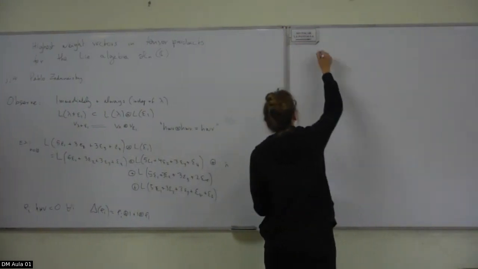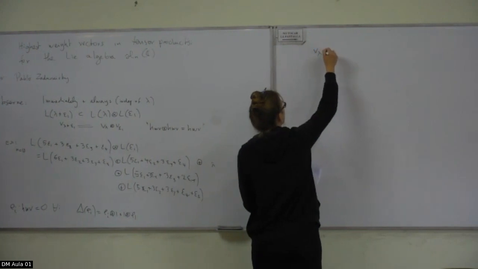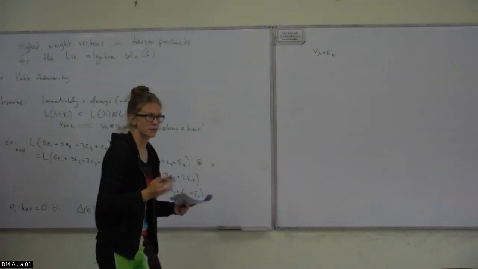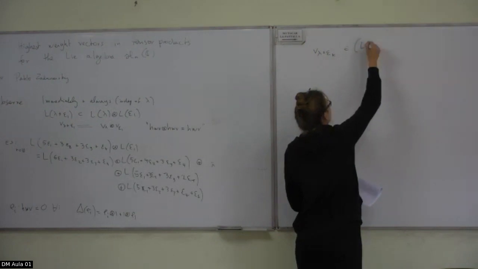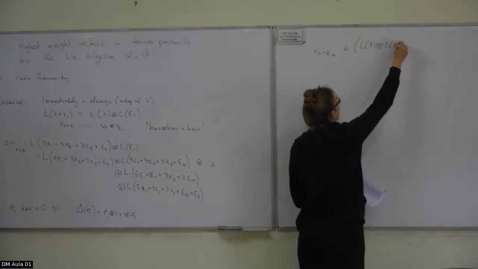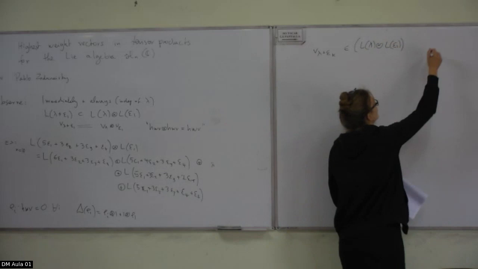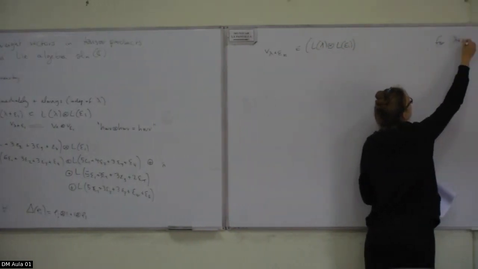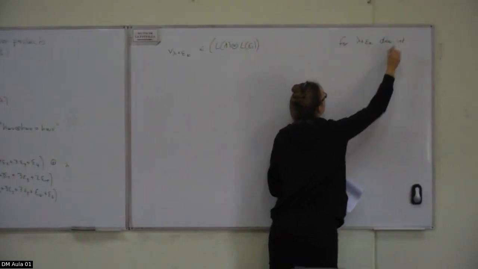So if we know that there's some L(lambda plus epsilon k) for these combinatorial reasons, it must be there in lambda tensor the natural representation, with epsilon 1 plus epsilon k, integral.